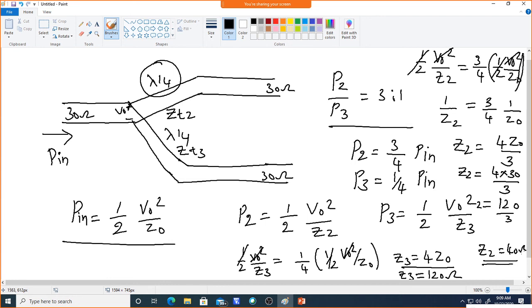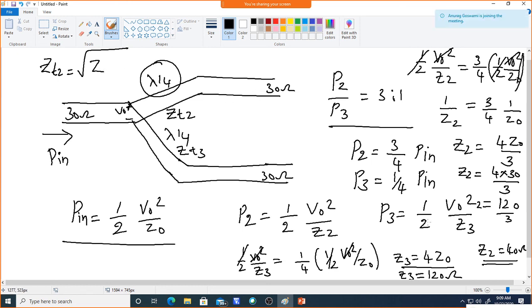So now we need to find the lambda by 4 section transformer impedance, that is the characteristic impedance of the lambda by 4 section. Now we know the equation for the quarter wave transformer to find out the impedance, that is ZT2 equal to square root of input impedance into load impedance.